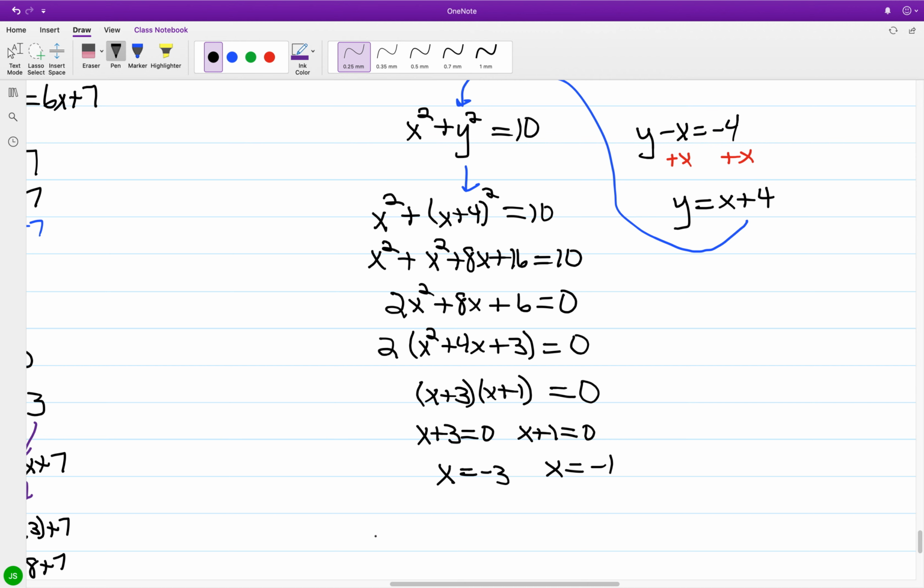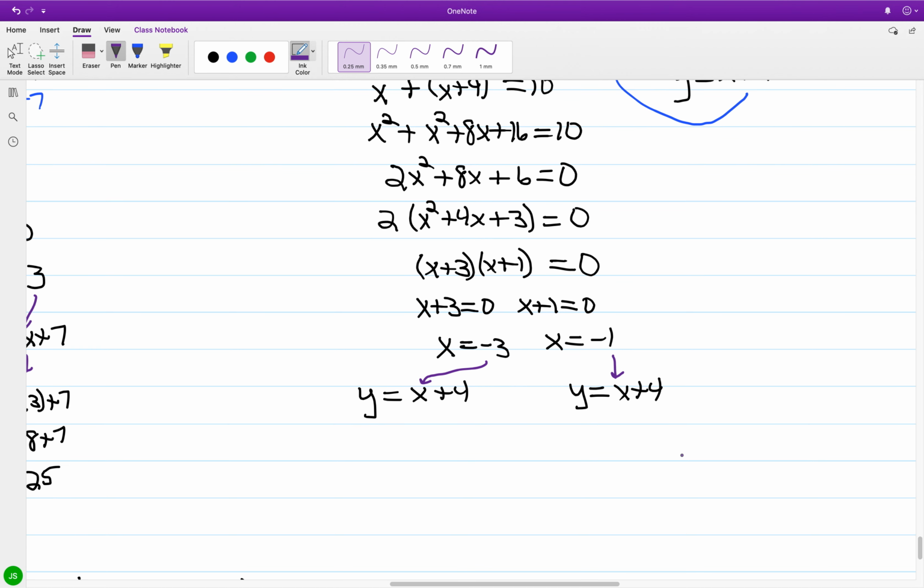And going back to what we have for y, again we have y is equal to x plus 4. If x is negative 3, then y is equal to negative 3 plus 4, which is going to be 1. And whenever x is negative 1, y is negative 1 plus 4, which will come out to 3.